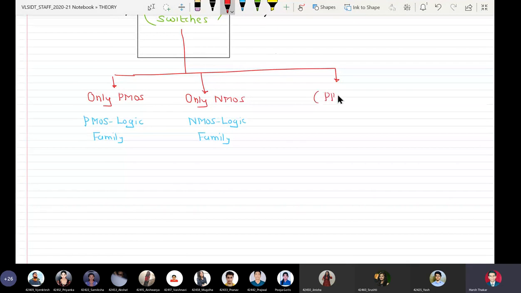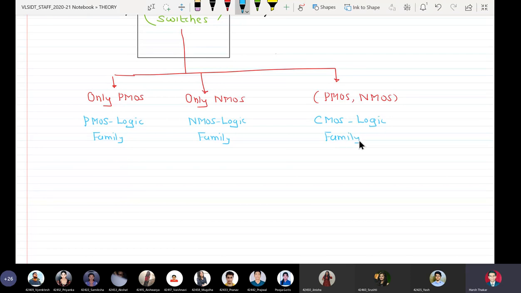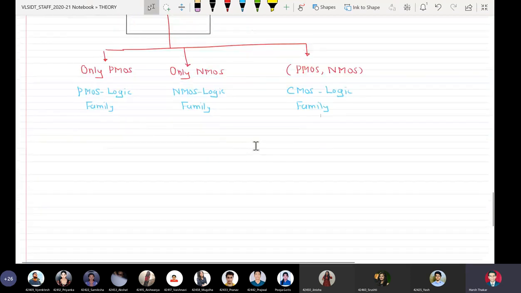If I use PMOS as well as NMOS to realize functionality, it becomes a CMOS logic family. And here we have 4 variations.